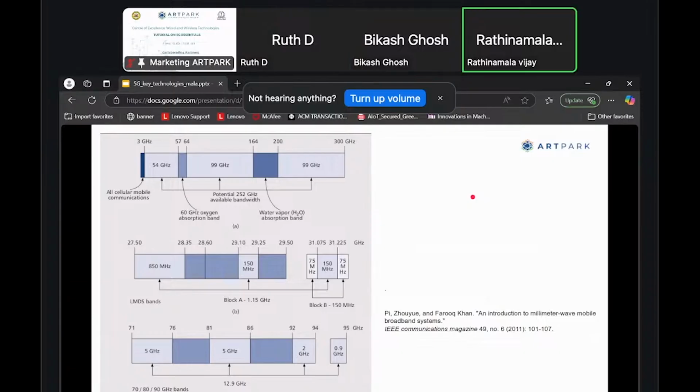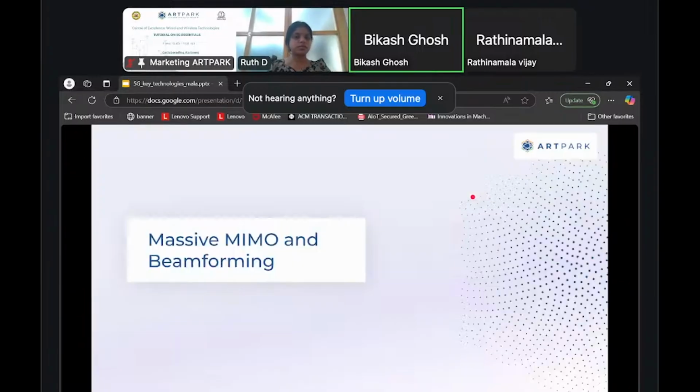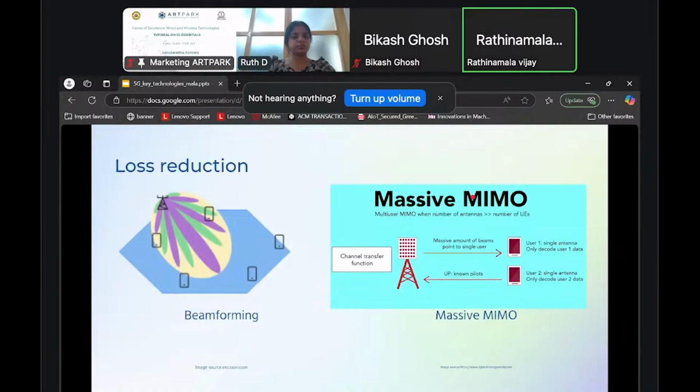Okay, so in that case, as I mentioned, this has an inherent problem, but with the help of advanced technology, like having hundreds or thousands of antennas and using massive MIMO technology and beamforming, you can design it, and reduce those losses even at those frequencies.